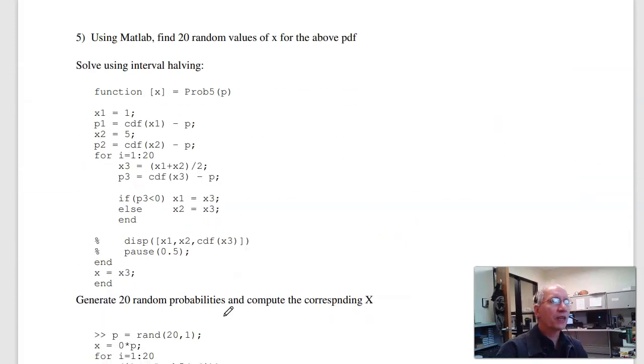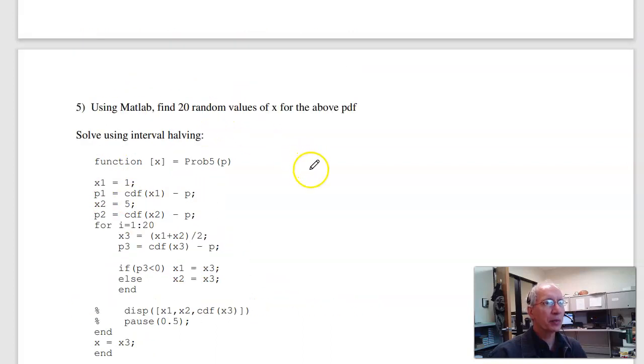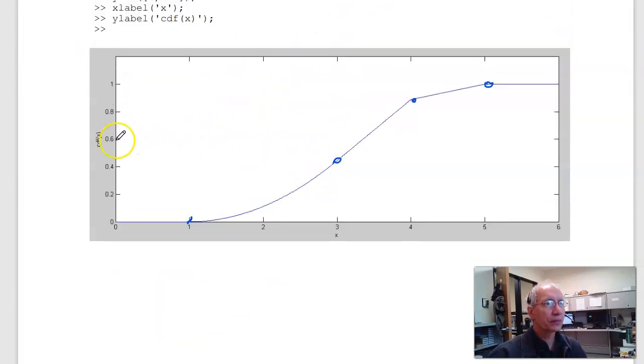Problem 5 is find 20 values of x that meet that PDF. One way to do that is I'm going to use interval halving, because it's easy. I'm going to pass my probability, a number between 0 and 1, say 0.6, and find that point.